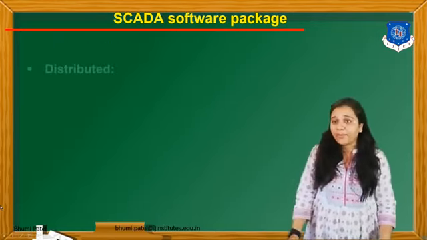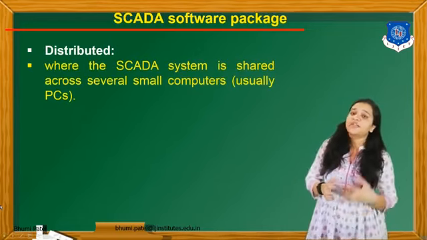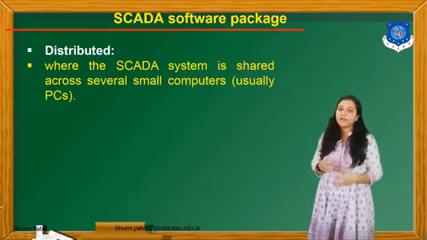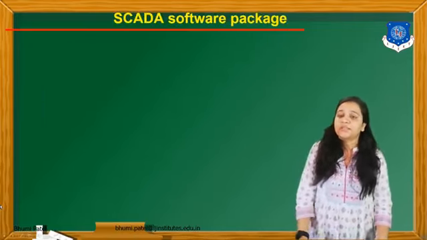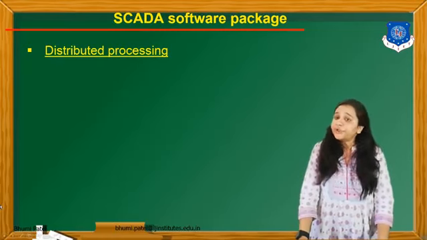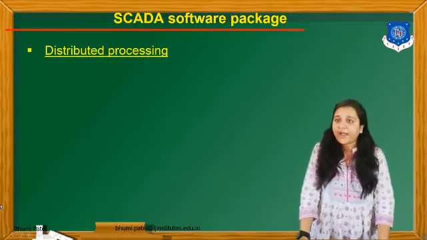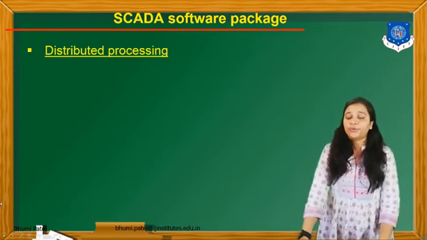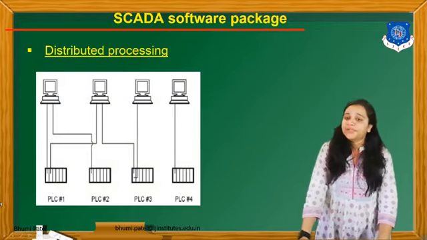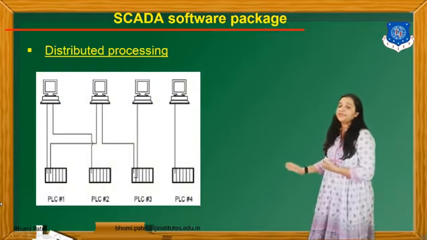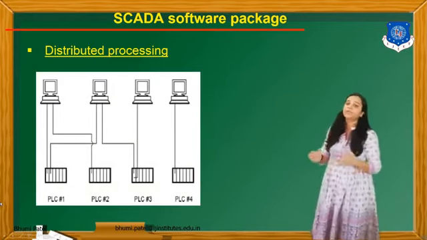Now the second part is the distributed system, where the SCADA system is shared across several small computers. This is known as distributed processing. As you can see, in distributed processing more than one master computer is connected. Here the same process is there. We can connect the 4 systems, PLC 1, 2, 3 and 4.